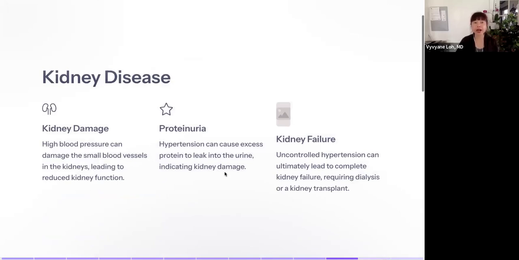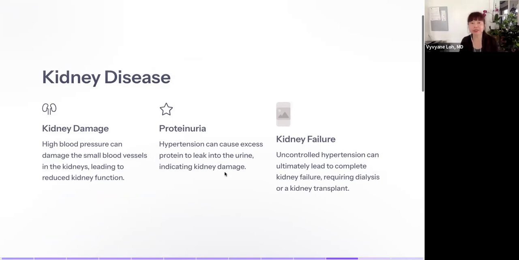I mentioned to you how high blood pressure will damage the small blood vessels in the kidneys, and you get kidney dysfunction as a result. Normally, you shouldn't be peeing out protein in your urine, but because the kidney is now damaged, it's going to start to leak substances, and one of the things it will leak will be protein.